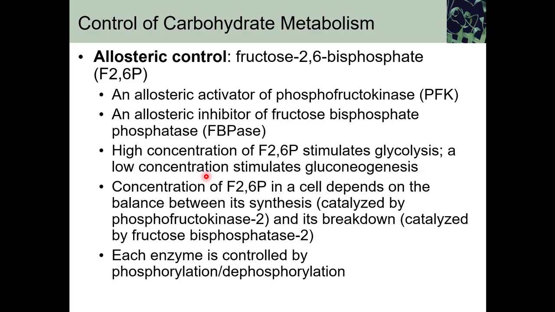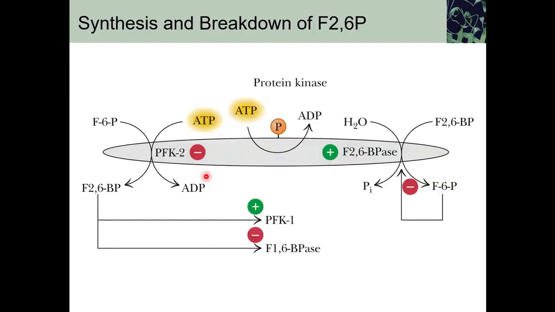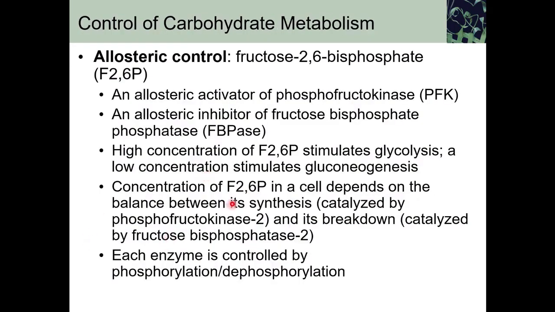Okay. Now, the concentration of fructose 2,6 bisphosphate in a cell depends on the balance between its synthesis, which is catalyzed by phosphofructokinase 2, and its breakdown, which is catalyzed by fructose bisphosphatase.